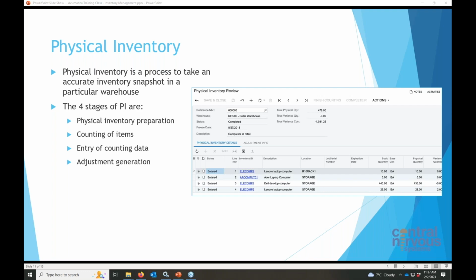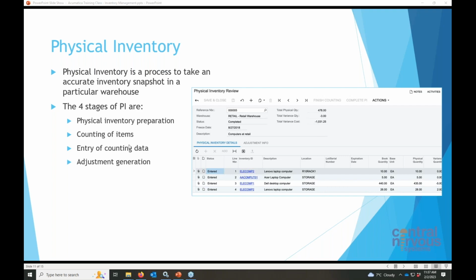So the 4 stages of a physical inventory start with the physical inventory preparation. So again, taking that snapshot of inventory, which is typically an internal snapshot that says, okay, these are how many units of each item that I have at each location, and then heading out and counting all the items in that warehouse.